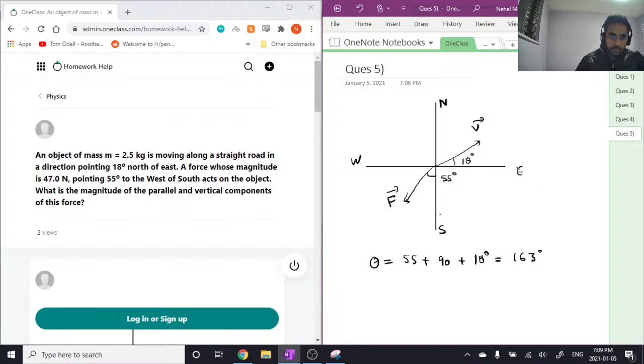Alright, and the parallel and vertical components. If you think of this as this, F would have 2 components.